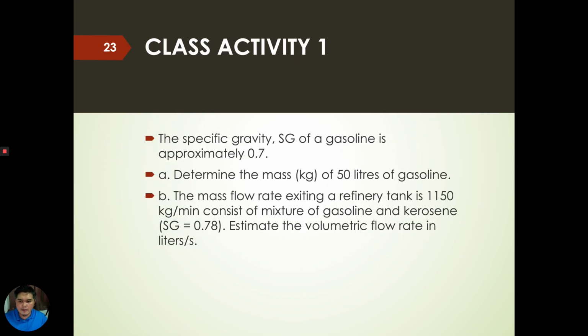There are some activities that I would like you to do on your own first. For example, one problem is that the specific gravity of gasoline is approximately 0.7. Please determine the mass of 50 liters of gasoline. That is the first task. You are also given that the mass flow rate exiting a refinery tank is 1150 kilograms per minute, consisting of a mixture of gasoline and kerosene.